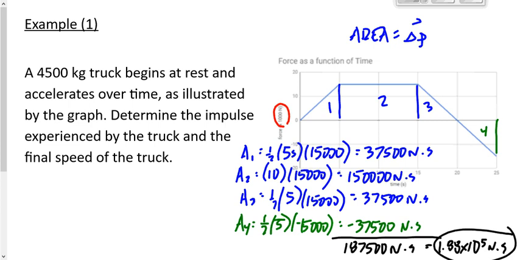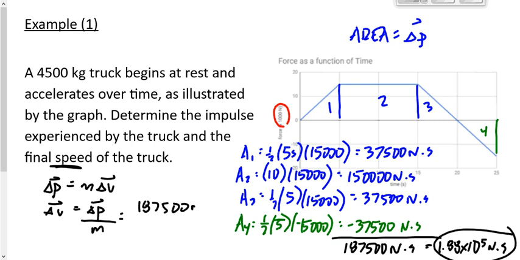If you want to find the final speed of the truck, we're going to say delta v is equal to impulse over the mass. But we just found the impulse, right? It's 187,500. And the mass is 4,500.